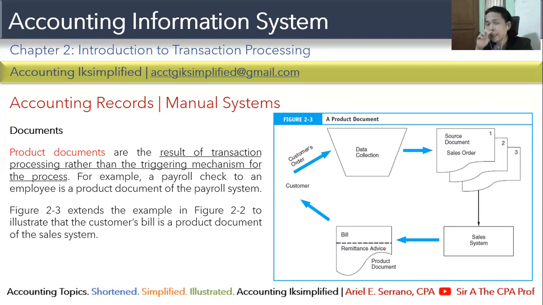Ang pagpapadala ng sahod ay through ATM na. Pero marami pa rin mga organization ang gumagamit ng paychecks para ibigay yung sahod. Okay? Usually, kahit naman sa mga naka-ATM, yung mga first unang sahod nila, unang cut-off na sahod, pumapasok pa po ito through checks. So the payroll check is also an example of a product document.